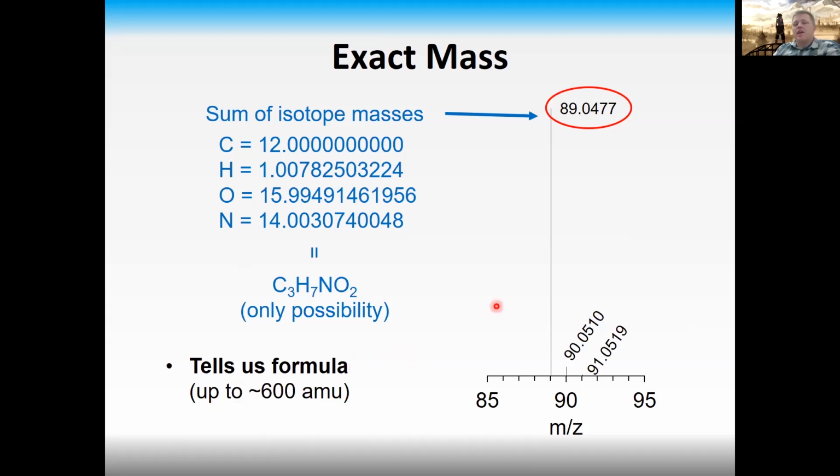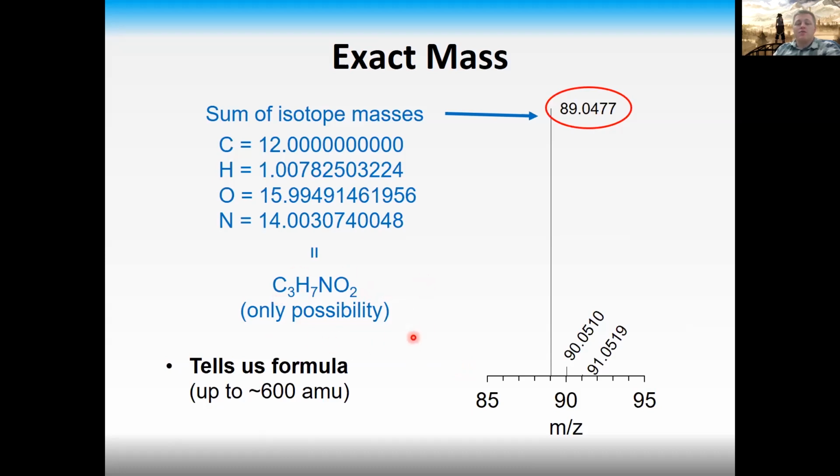Above 600 atomic mass units, usually the resolution, precision, and accuracy of your mass spectrometer make it less simple to get empirical formulas from exact masses. Above 600 up until about 1200, you usually get good information that can give you a handful of different possible formulas.